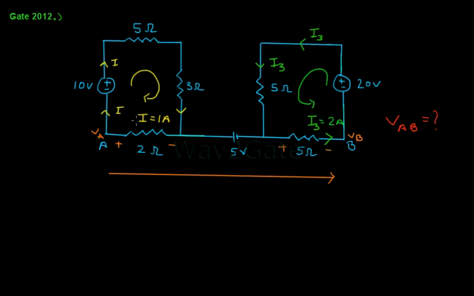As our considered direction is from A to B, which is opposite to the direction of current I, therefore current across the 2 ohm resistor is equal to minus I. And as the direction of current I3 is the same as our considered direction, therefore current across the 5 ohm resistor will remain equal to I3.